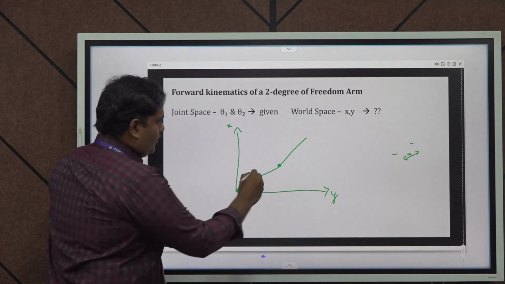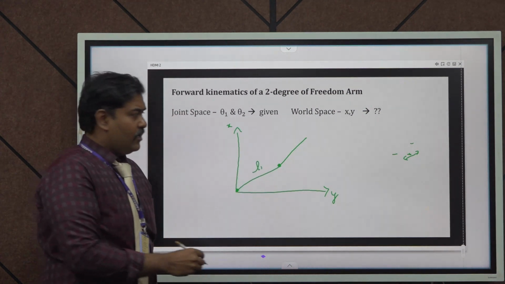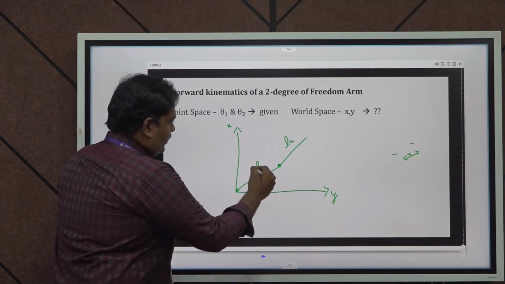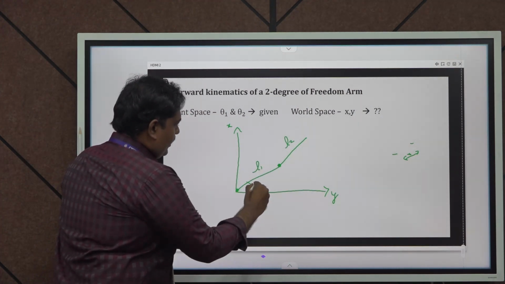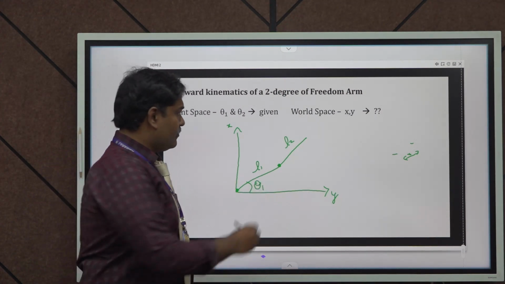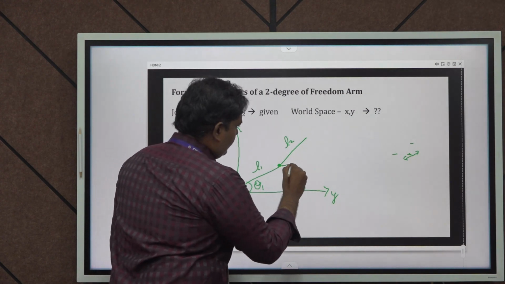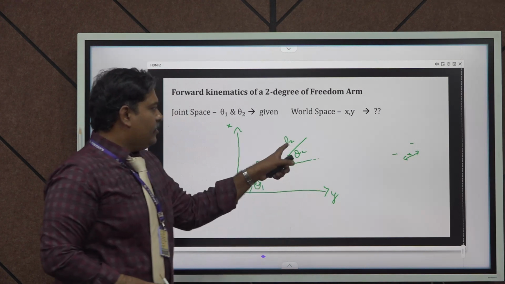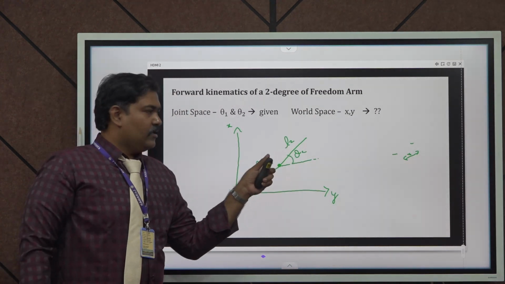Consider this line as link 1 and this line as link 2. Link 1 is making an angle theta 1 with the base axis. Link 2 is making an angle theta 2 with the reference axis.